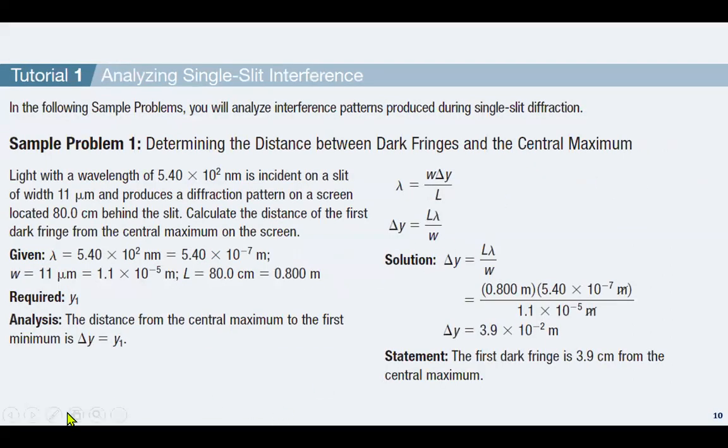Okay, so using this formula, we have delta y or y1 is L lambda over W. We know L, we know lambda, and we know W. So we have delta y equals 3.9 times 10 to the power of -2 meters. So the first dark fringe is 3.9 centimeters from the central maximum. Okay. Any questions?